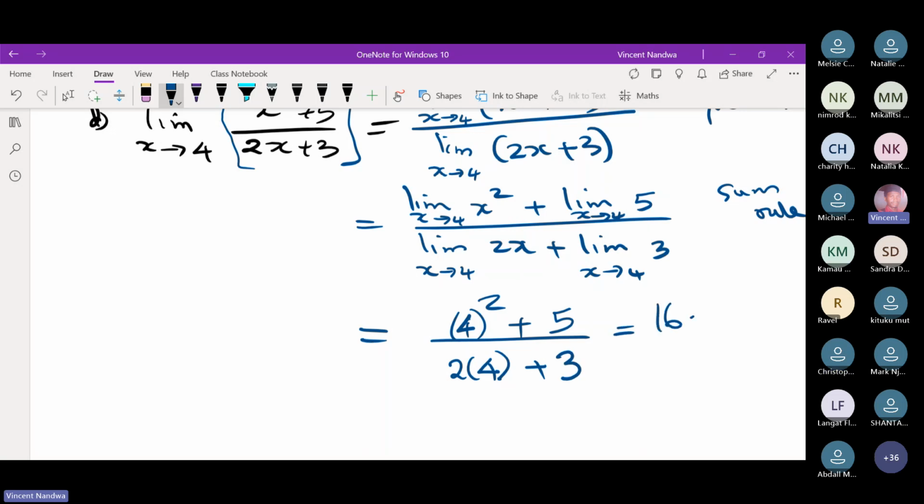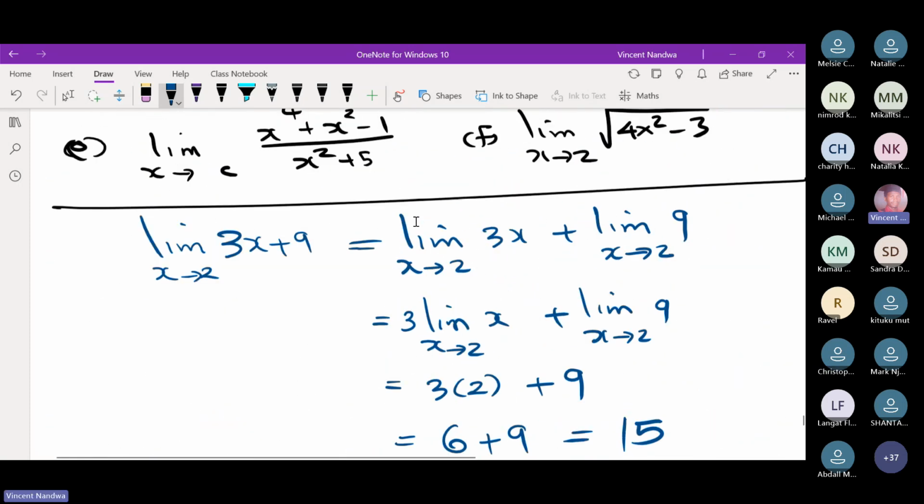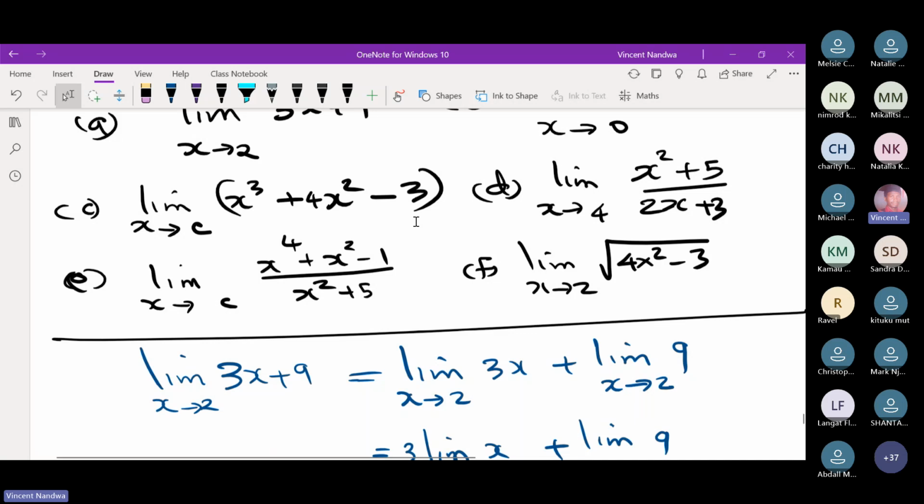So we'll have 16 plus 5 over 8 plus 3. When you simplify, you get 21 over 11. 16 plus 5 is 21, and 8 plus 3 is 11. So 21 over 11 is the answer.